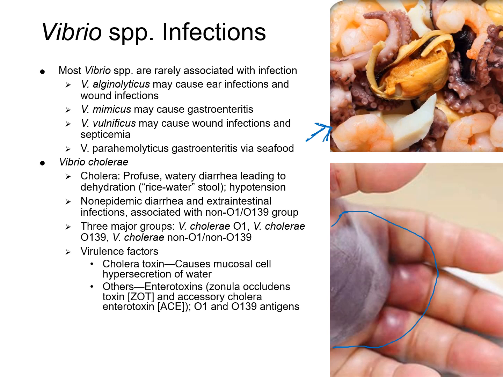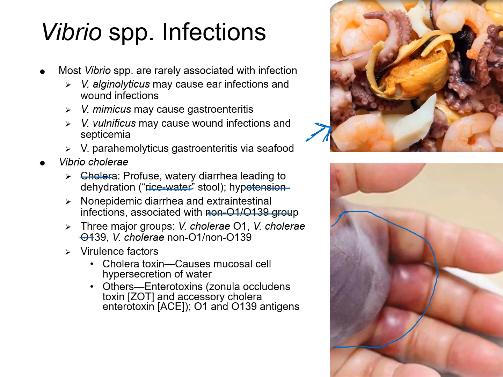Vibrio cholerae does produce cholera, which is a profuse watery diarrhea that can cause dehydration. This is also known as rice water stools, and it can also cause hypotension. There is also a non-epidemic diarrhea and extraintestinal infection that has been associated with a particular strain of this Vibrio. There are 3 major groups, and they're all divided out.